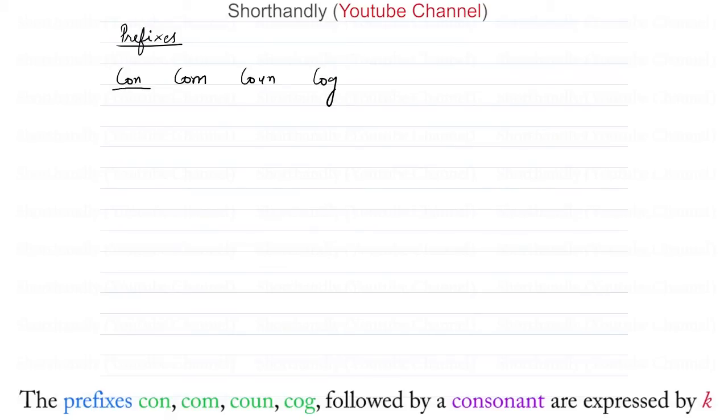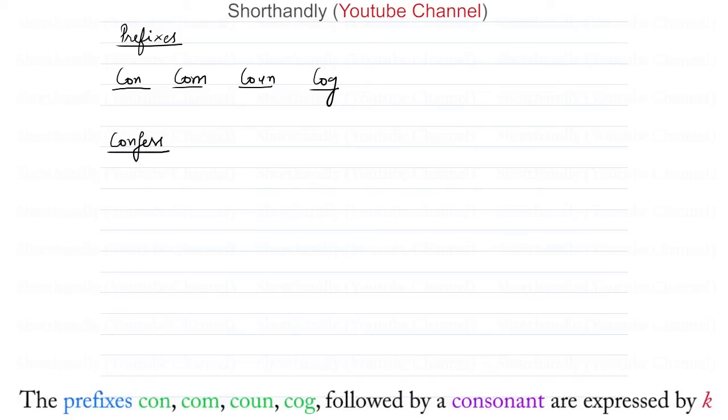Alright, so now let's read the statement again. It says the prefixes con, com, coun and cog followed by a consonant are expressed by k. So what does this followed by a consonant mean here? Suppose you have a word like confess.